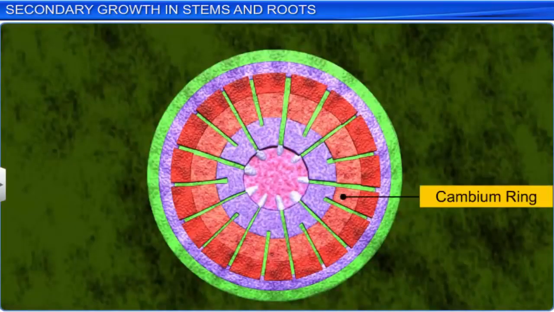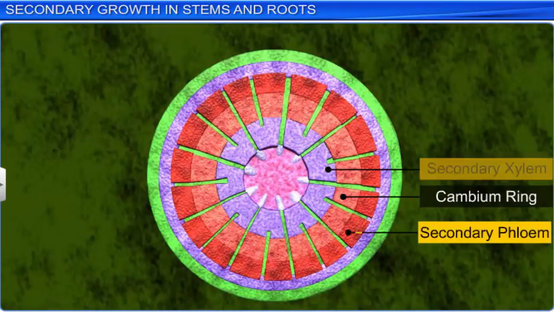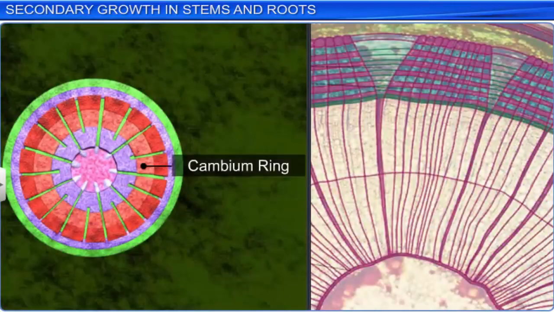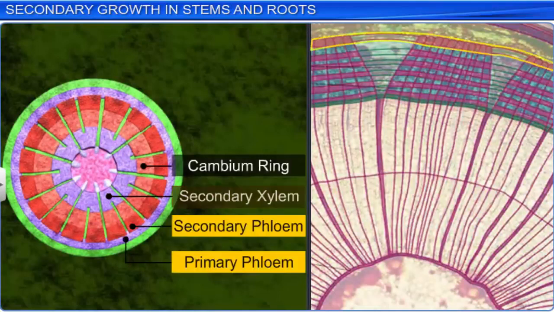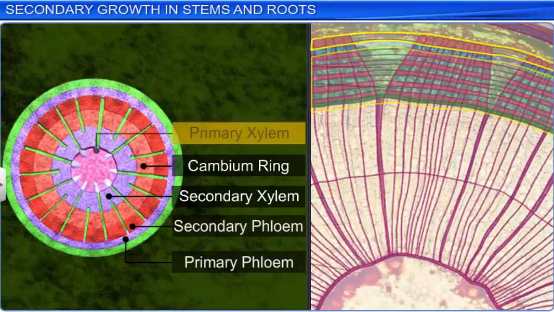Since the cambium is more active on the inner side, the formation of secondary xylem is more than secondary phloem. Due to the continued formation of secondary xylem, primary and secondary phloem get crushed. However, primary xylem remains intact in the center.